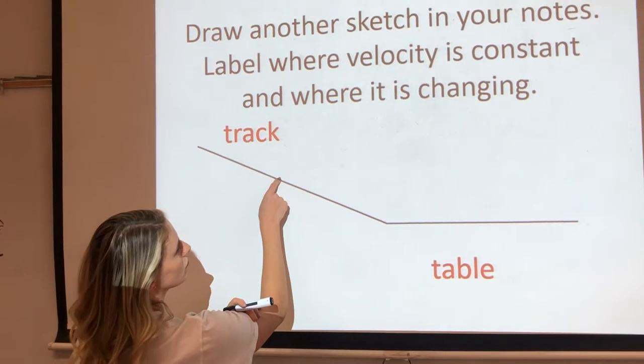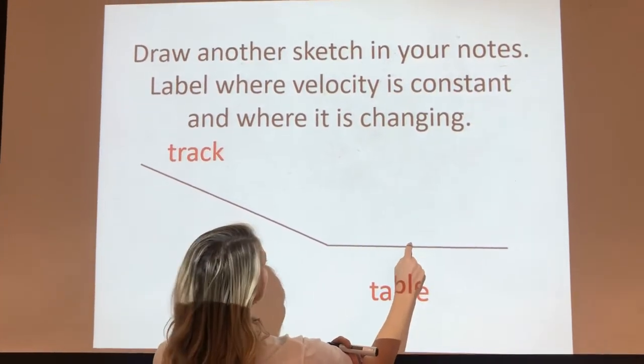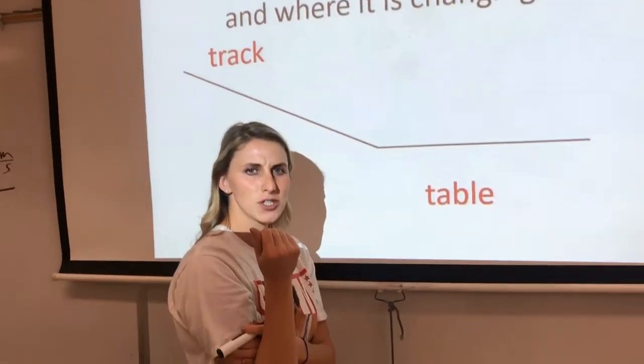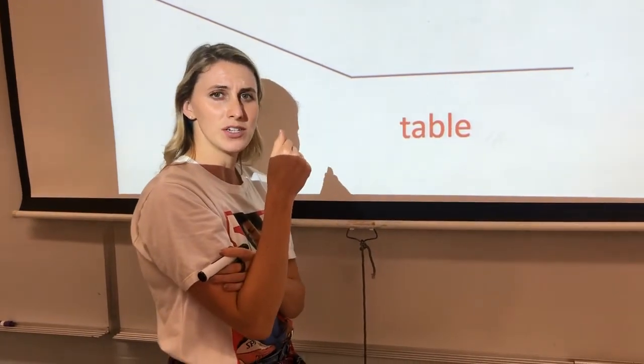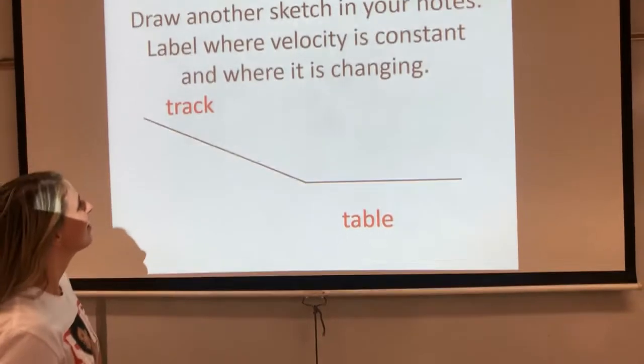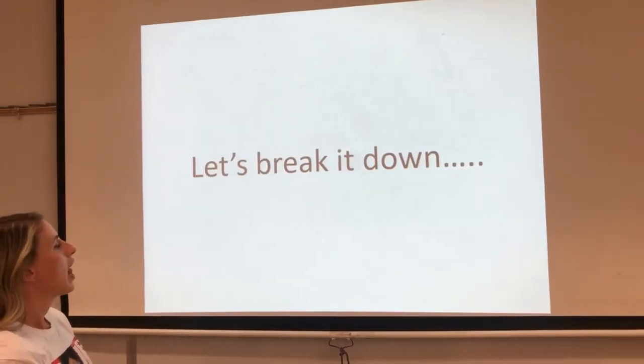What equation can you use? We've only been using 2 here today. And then on the table, what equation can we use? If you're confused, look back at your motion diagrams from the beginning. If you didn't do those, start over and try again. Okay, moving on. Let's break it down now.